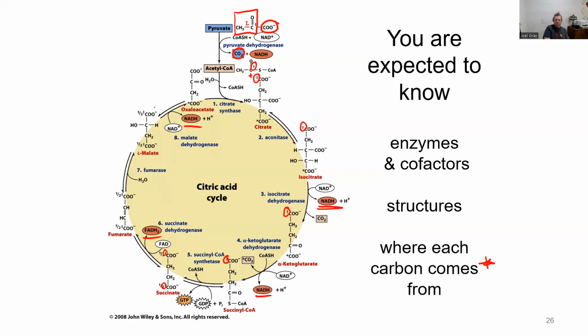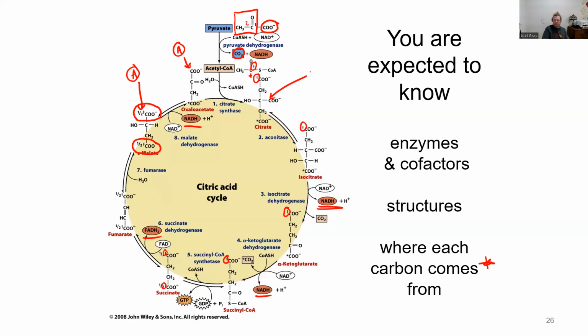Now, if we jump in at malate, we've got a label here, we've got a label here. Well, this carbon, which I'm going to label A, just so we have a little sense of organization here, that is that COO minus. Now, where does that end up?